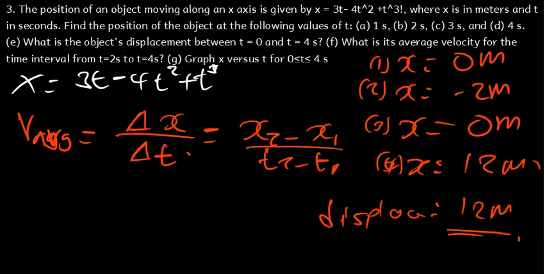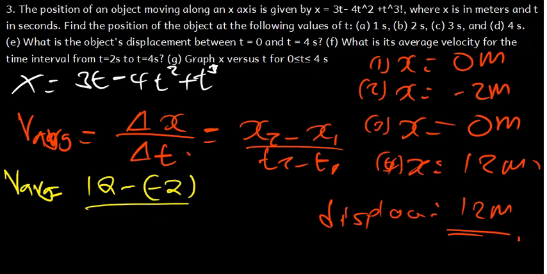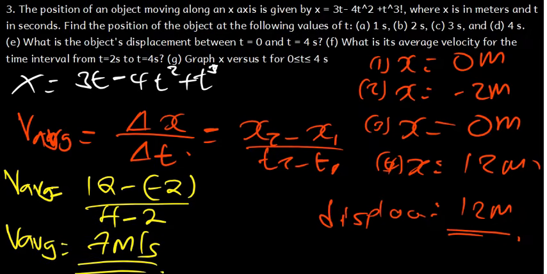So let's find the average velocity. When t was equal to 4, what was the displacement? It was 12, minus when t was equal to 2, which was negative 2. We divide by 4 minus 2. So we're going to have 14 divided by 2. So our average velocity is going to be 7 meters per second. Okay, so that is it for part F.